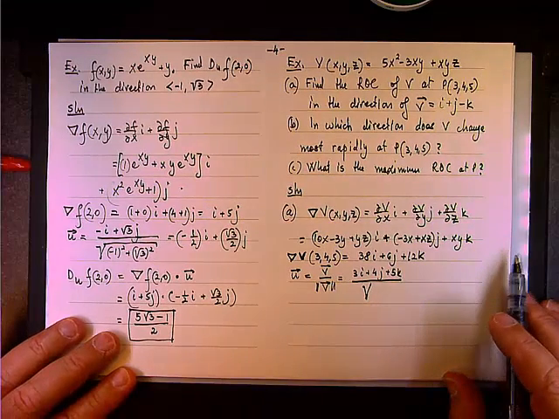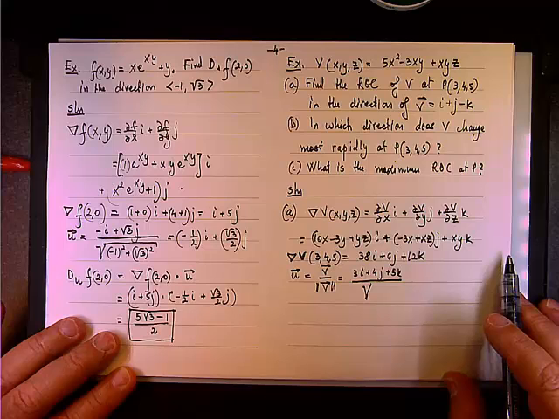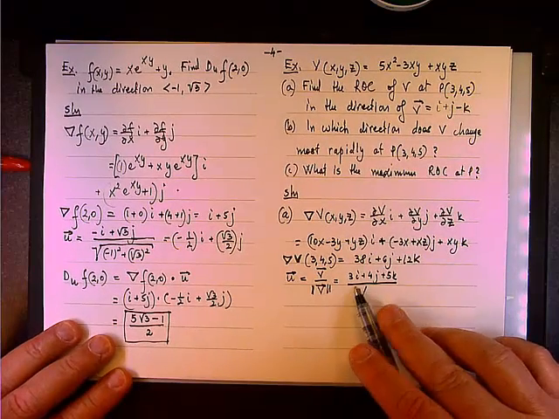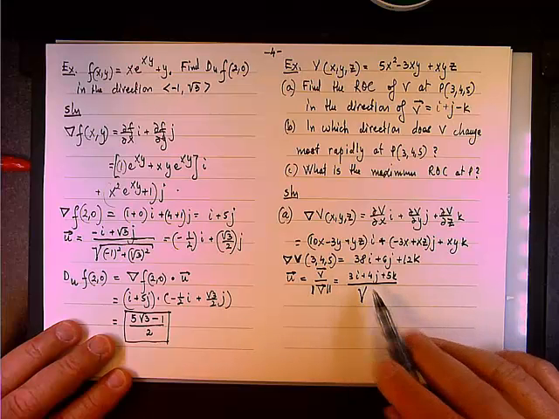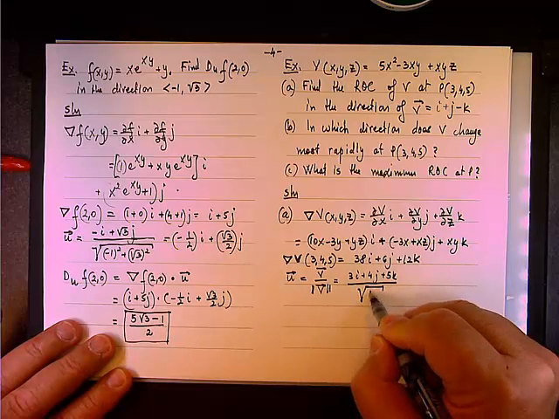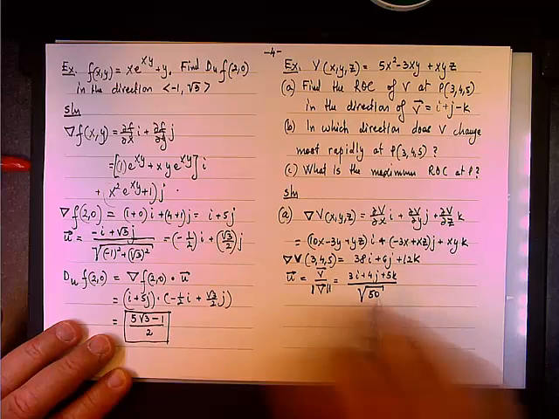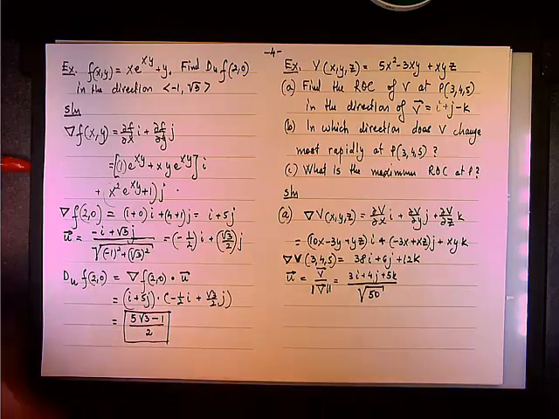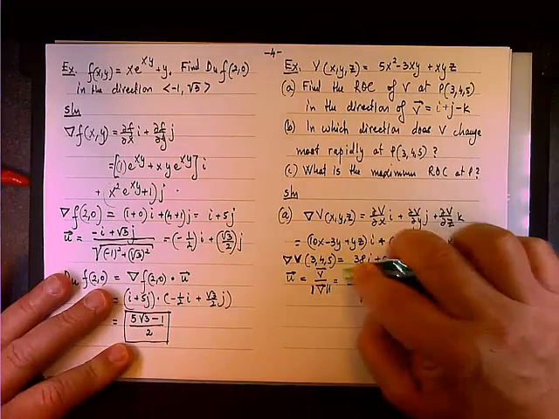And what is the magnitude? 3 squared, 9 plus 16, 25 plus 25, that's 50, isn't it? Did you get it right? So we have 5 square root of 2.